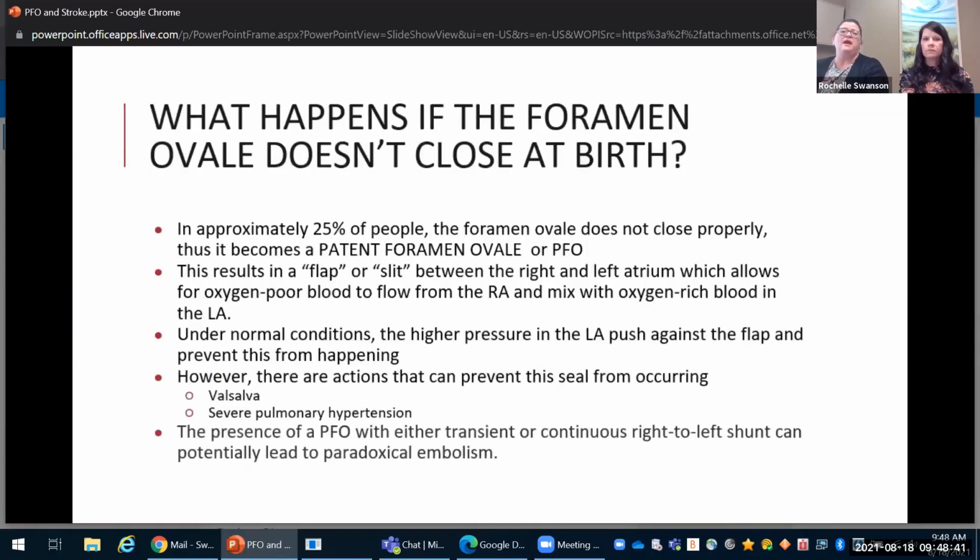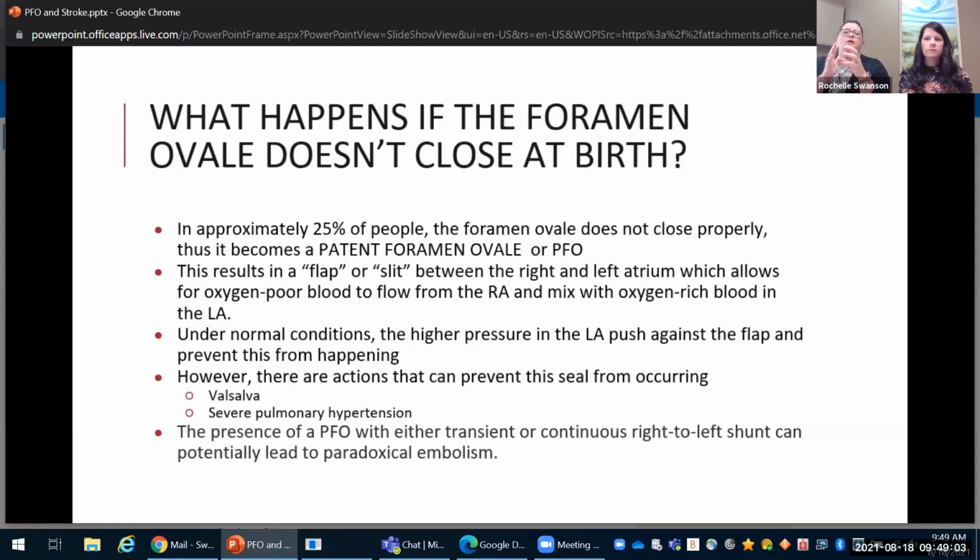We then get a patent foramen ovale, and this is in approximately 25% of people. It doesn't close properly. So what happens is, rather than it getting sealed... think about when you scab your knee, something is sealing that opening, right?